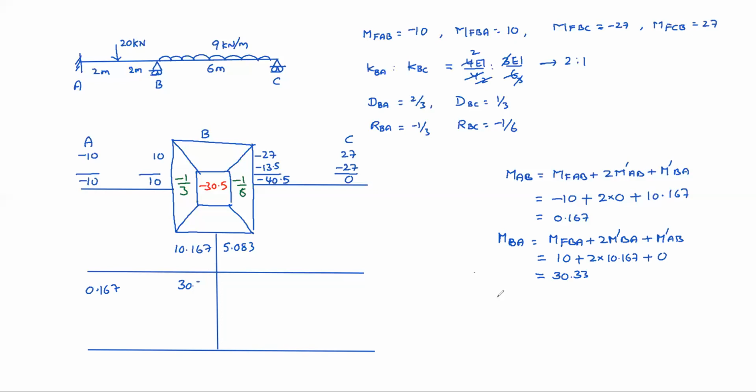30.33. Similarly, MBC equal to MFBC plus 2 times of M dash BC plus M dash CB. MFBC minus 40.5 plus 2 times of near end moment, that is 5.083, plus far end 0, that equal to minus 30.33.